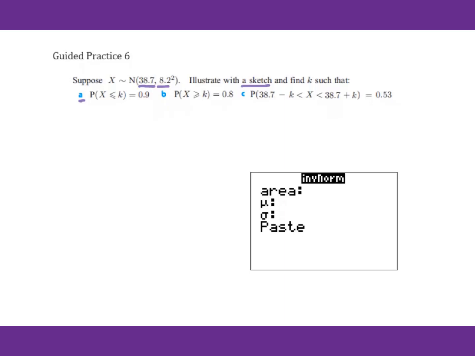Since I'm looking for this k, we need to use inverse norm in the graphing calculator. The area will be the probability, 0.9. The standard deviation is 8.2 and the mean will be 38.7.